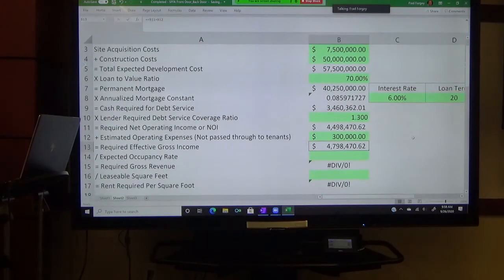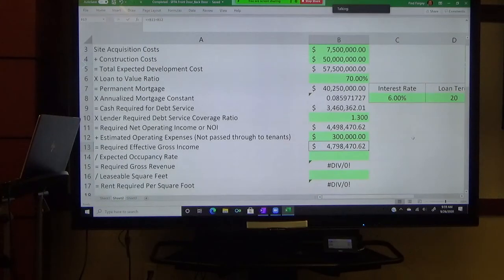What that's going to do is raise the required income, because those are obviously expenses. Why do expenses raise the income? Because we're working backwards. Everything is in the opposite world because we're working backwards.